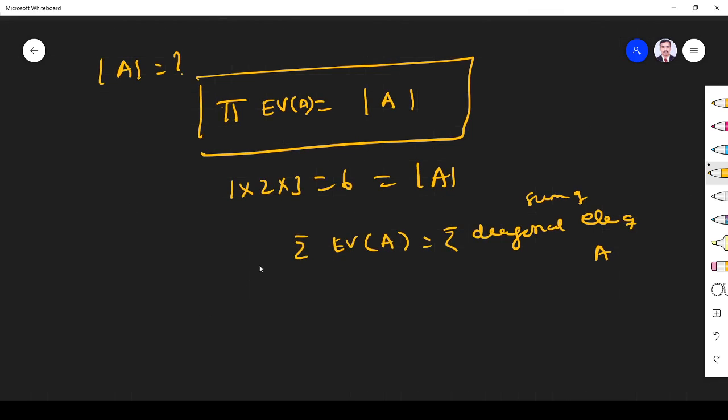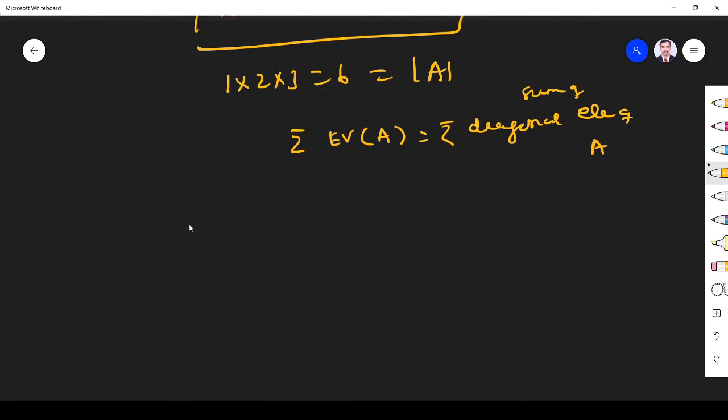Okay, next, another important thing we must know about eigenvalues: if matrix A has eigenvalues 2, 4, 8, then what are the eigenvalues of A inverse? We must know the important property to solve this problem.